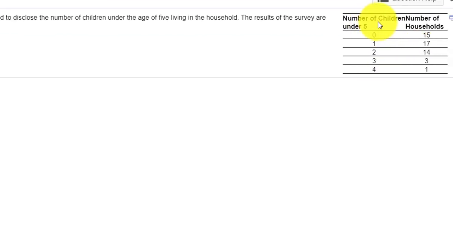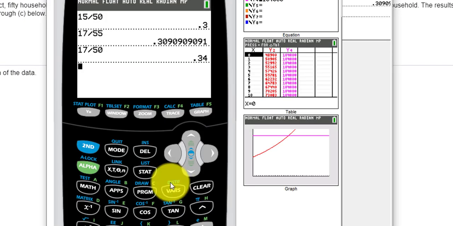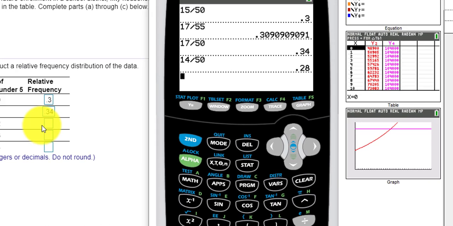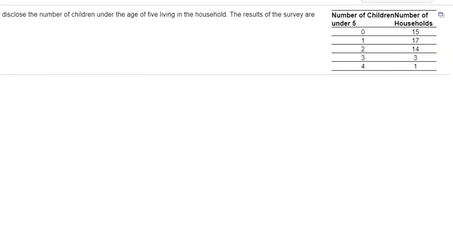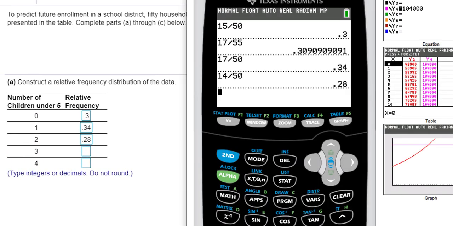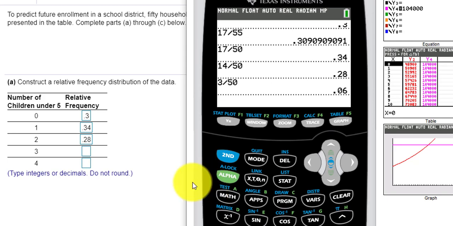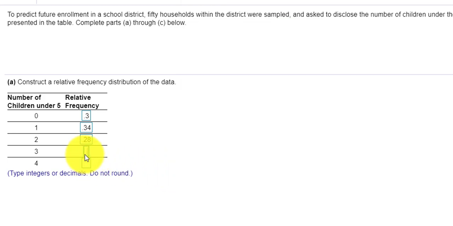And then number of children under 5, 2. Would that be 14 out of 50? So I do 14 divided by 50. I get 0.28. And then for 3 children under 5, that's 3 out of 50. So I do 3 divided by 50, and that's 0.06.